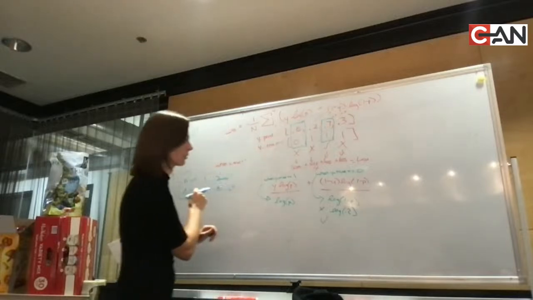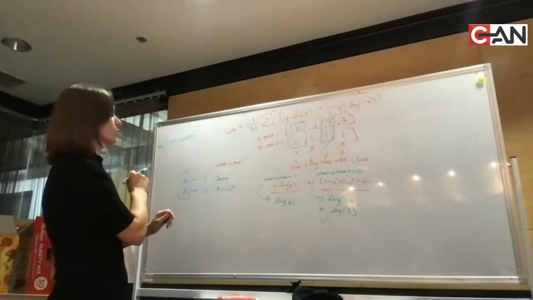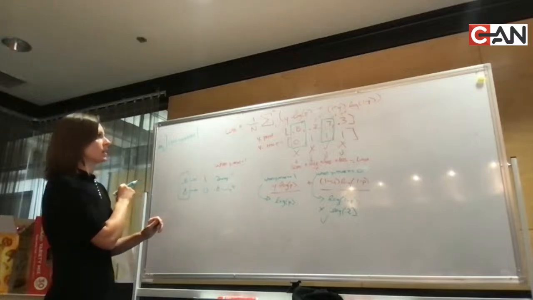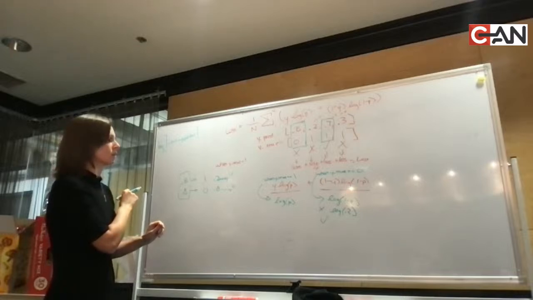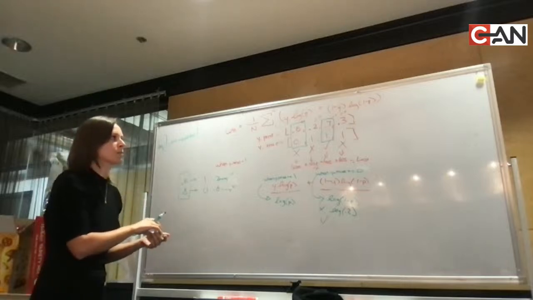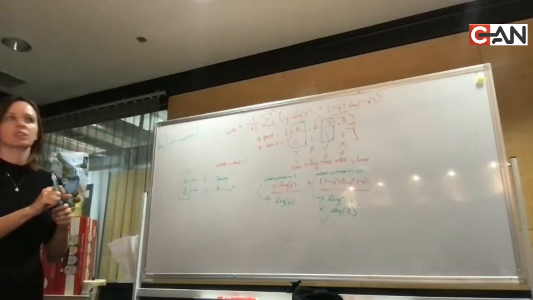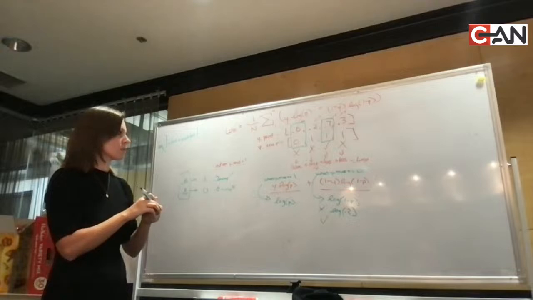Sorry, did I do that correctly? That seems wrong. When it's 0. What's the log of 0.2? Wait, this should be, y is equal to 0.